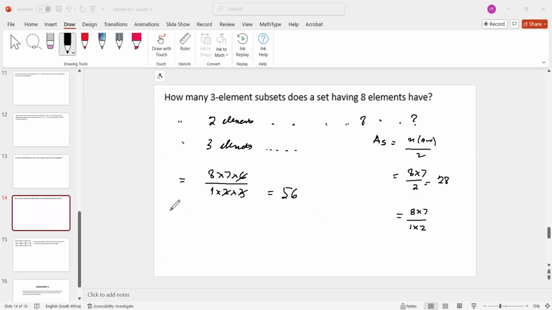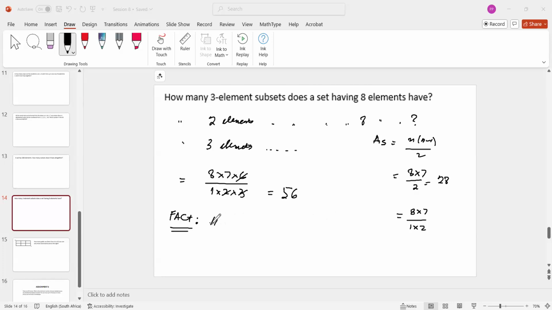Okay, so here is a fact. Instead of using 3 or 8, let me use general symbols.